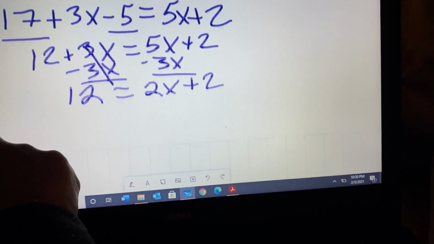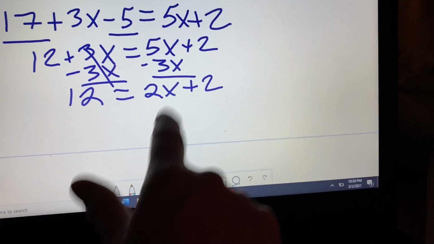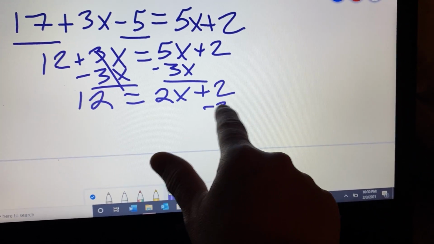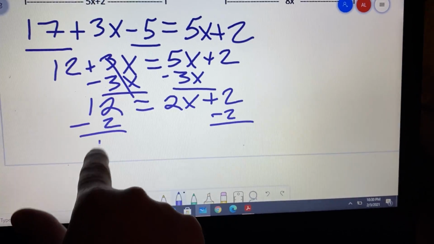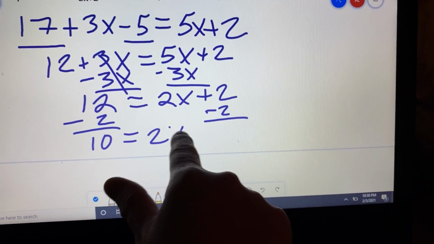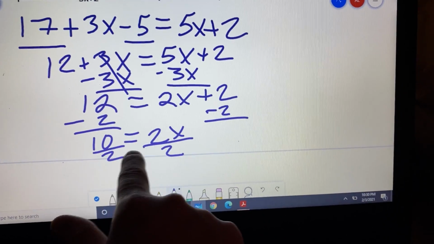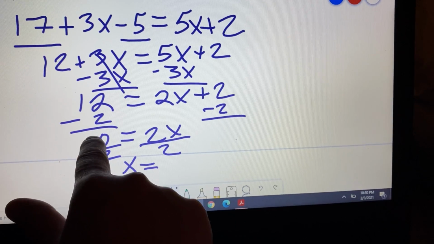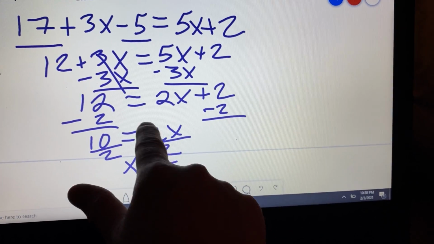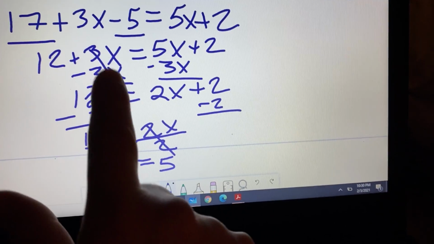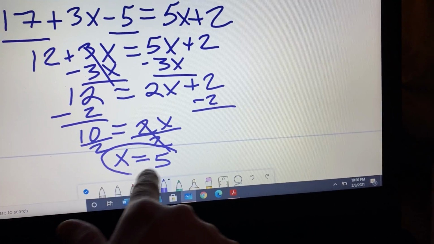To get rid of the plus 2, we'll subtract 2. 12 minus 2 is 10. If it's beside, you divide. And we get x equals 10 divided by 2 is 5. So that's part of the answer.